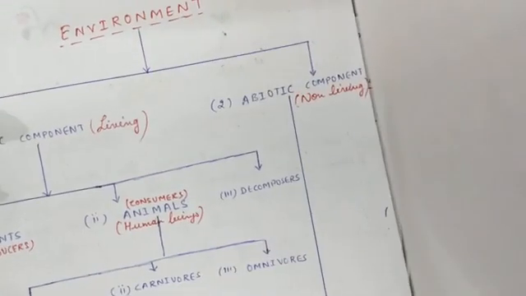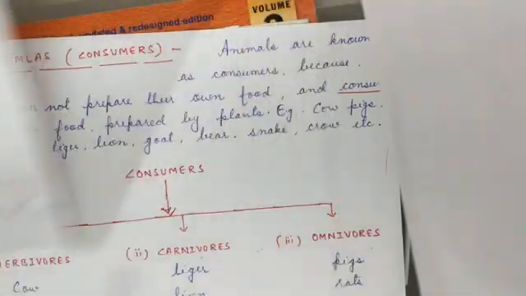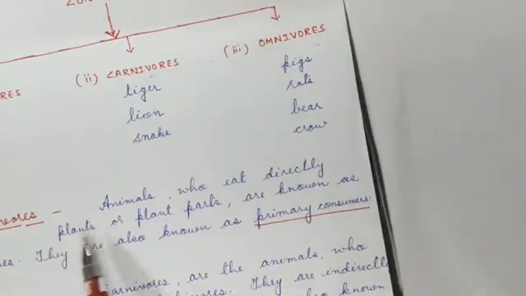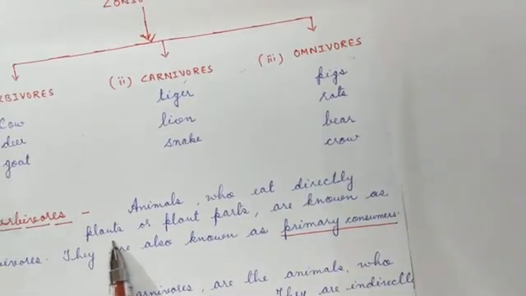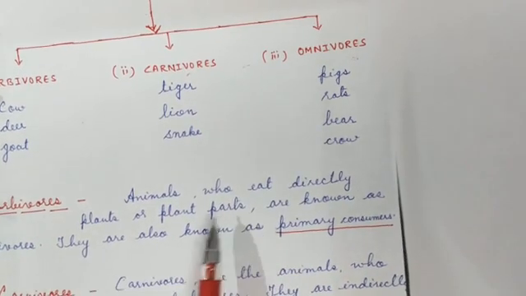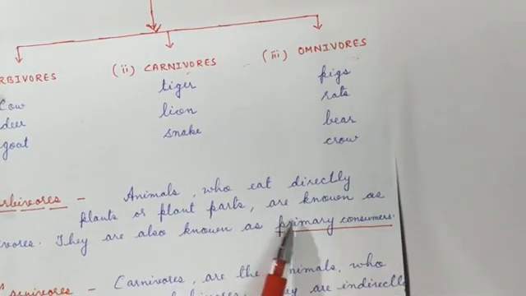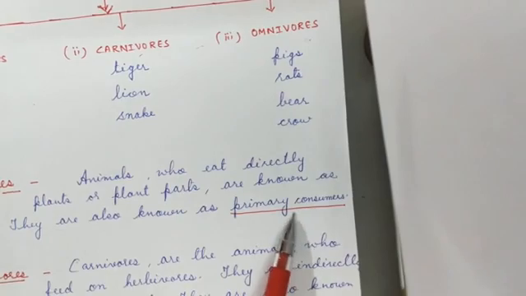Now what are the herbivores? Herbivores are those animals who eat directly plants or plant parts. So directly they eat plants and nothing else. And therefore they are also known as primary consumers.